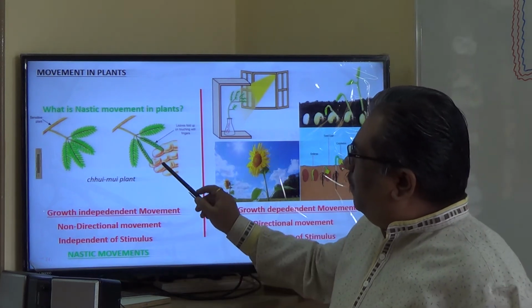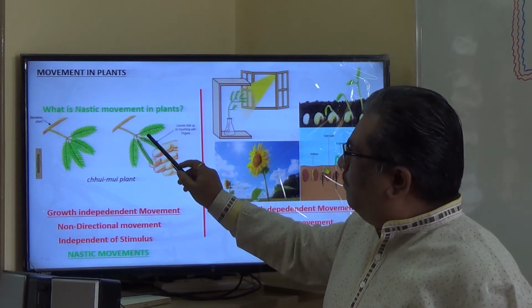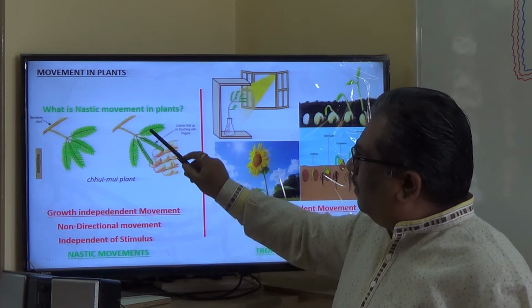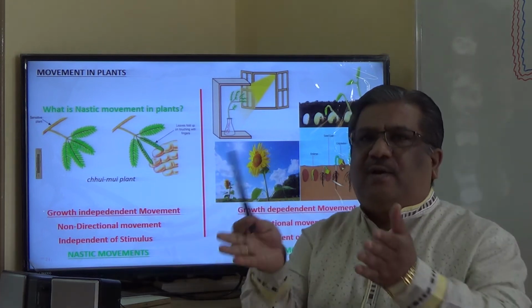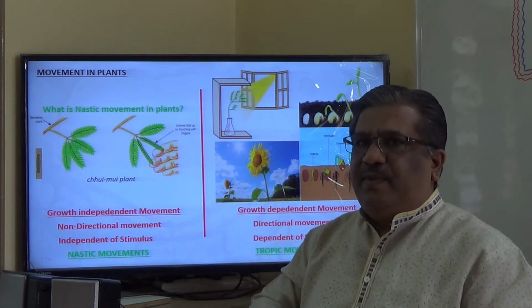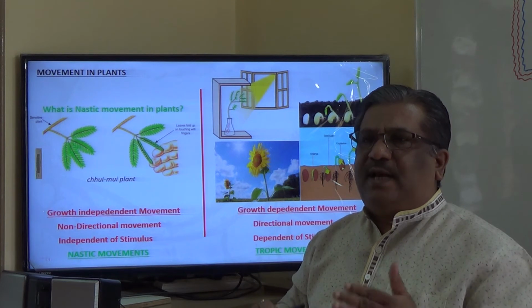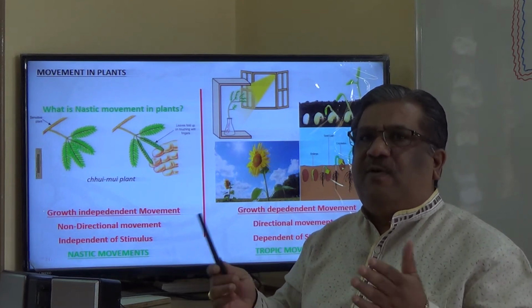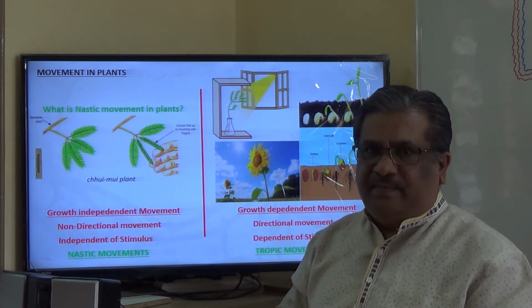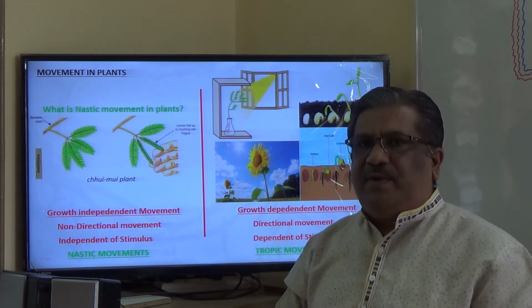Here, if you touch one leaf, all these leaves, 1, 2, 3, 4, will close together. This closing action, and slightly they fall down also, is called folding and drooping. With respect to this plant, what is the terminology that we use?